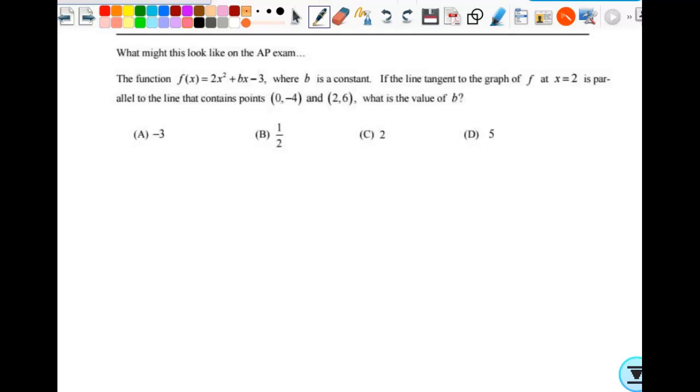If the line tangent to the graph of f at x equals 2 is parallel to the line that contains these points, what's the value of b? Okay, so if I have a line that's parallel to another line, what do you know has to be true about them? What's the same? The slope. So if they're parallel, that means they have the same slope.